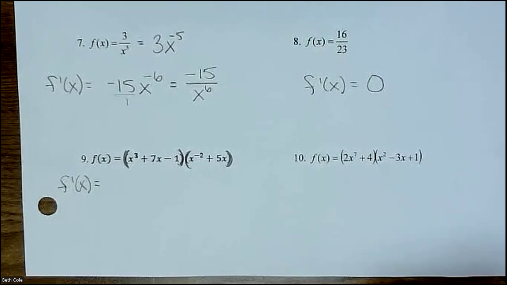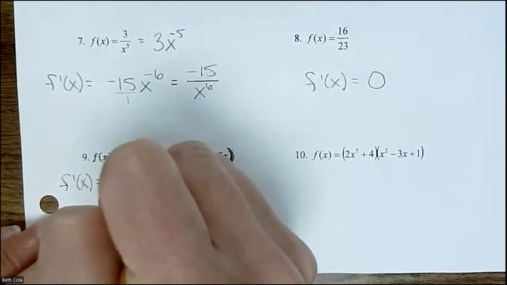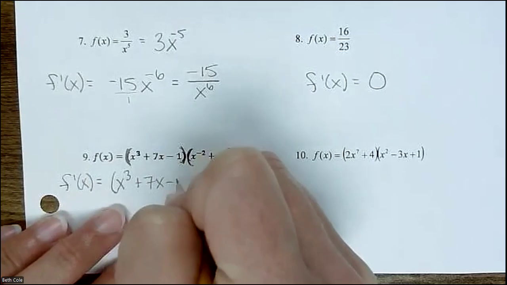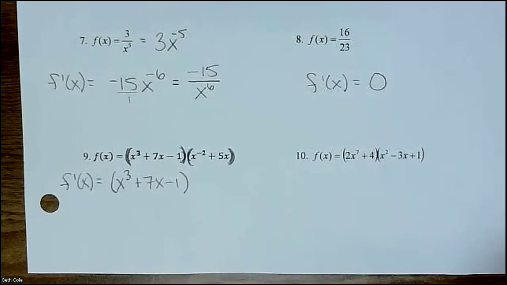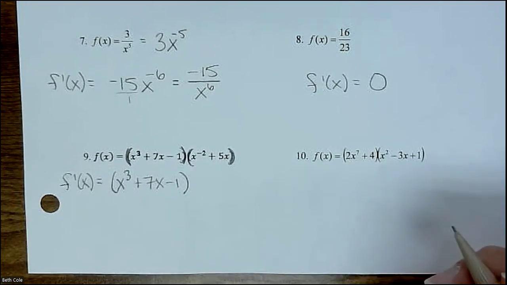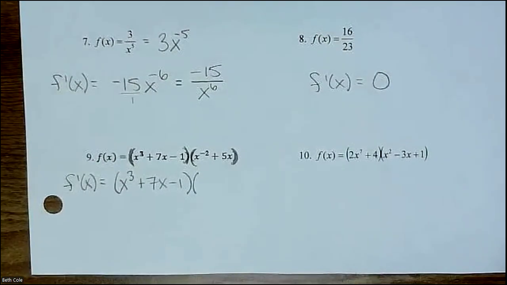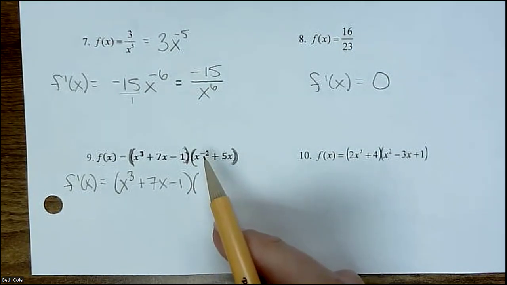All right. So the way your product rule starts is the first thing. So you're just going to copy down that first function. Like, hey, Miss Cole, it looks like you just rewrote what's there. Sure did. Yep. So the first thing times derivative of the second. Now this one has a negative, so just be really careful.